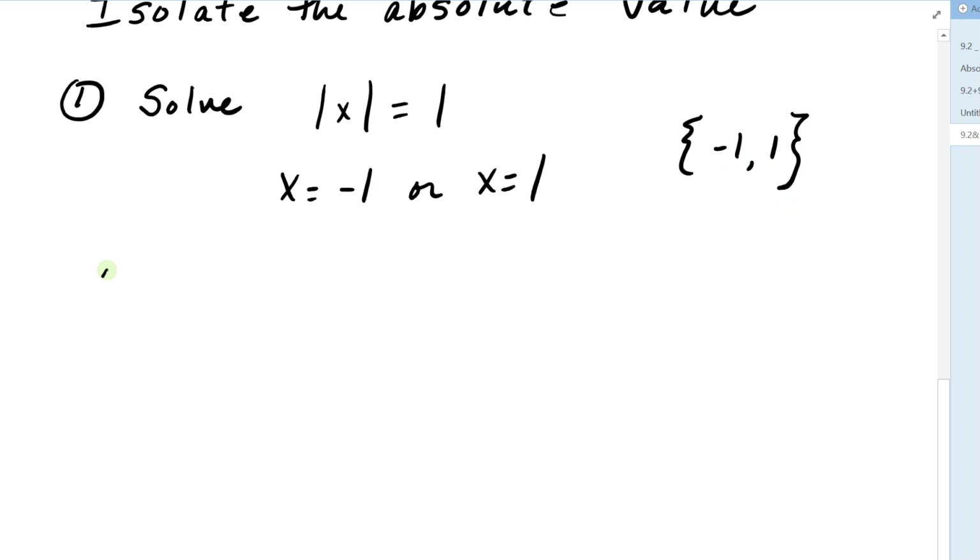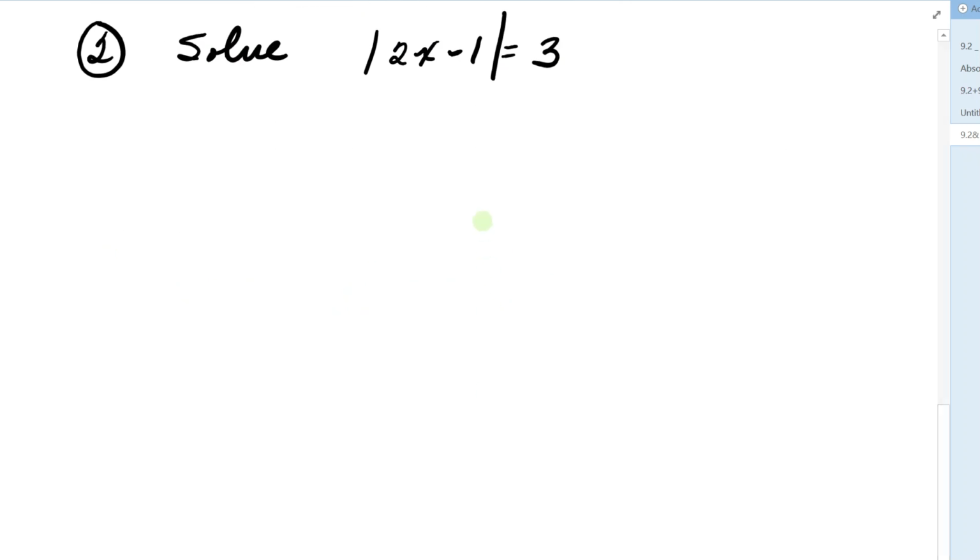It does not matter. Number 2 asks you to solve absolute value of 2x minus 1 is equal to 3. The absolute value is isolated. It's equal to a positive.